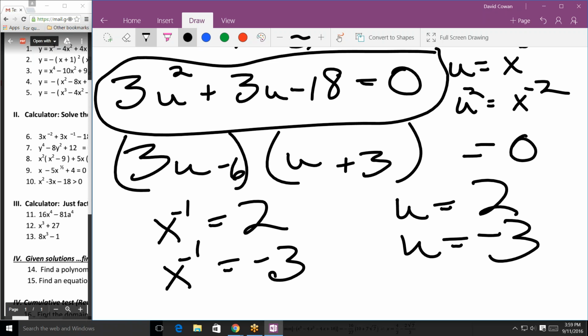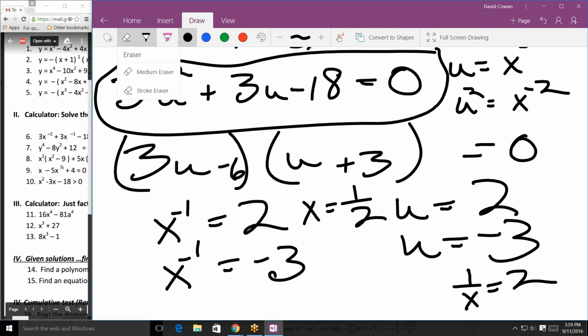Well, if x to the minus 1 equals 2, what does x equal? 1/2. x to the minus 1 means 1 over x. So if 1 over x equals 2, x equals 1/2.